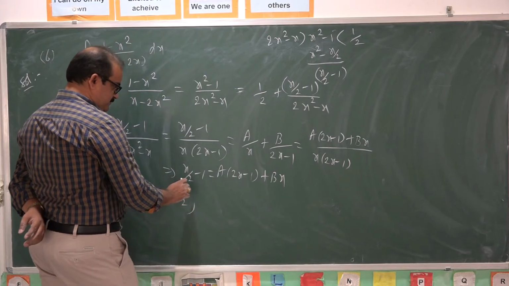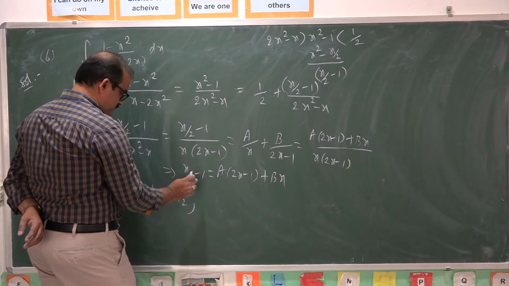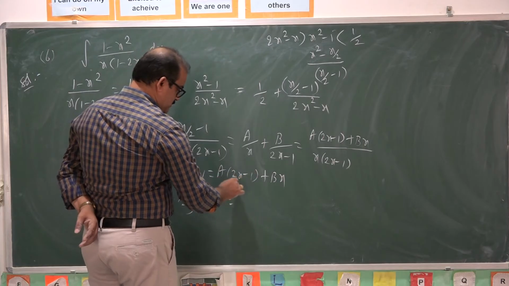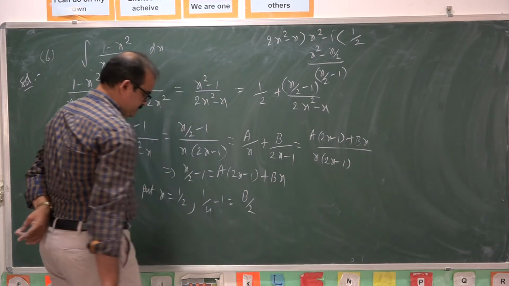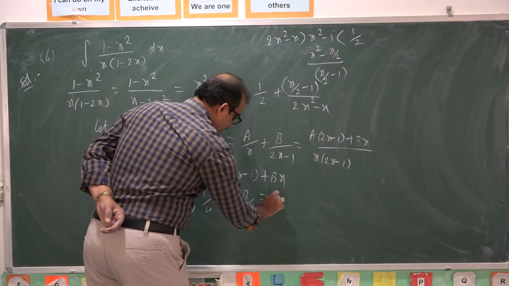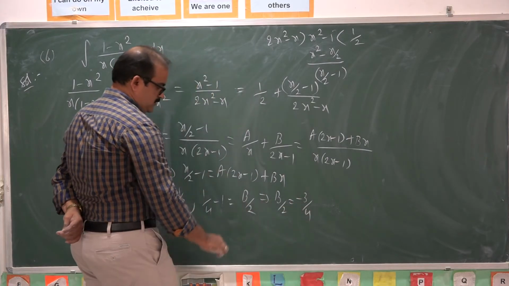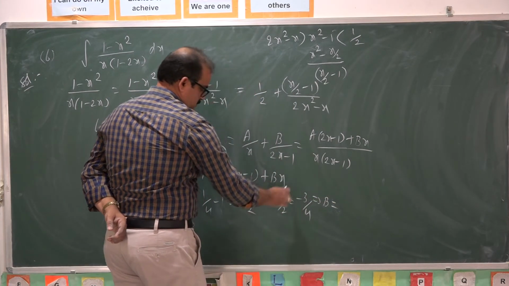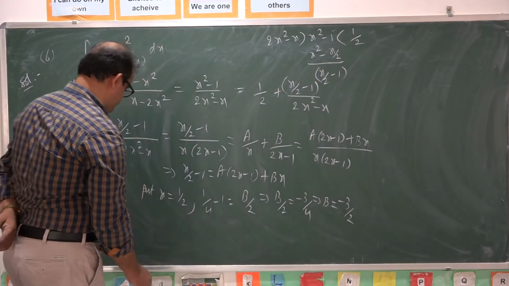LHS becomes 1 by 2 by 2, 1 by 4 minus 1, is equal to, first term is 0, b into 1 by 2, b by 2. 1 by 4 minus 1 is minus 3 by 4, b by 2 is equal to minus 3 by 4. From this b is equal to minus 3 by 2.